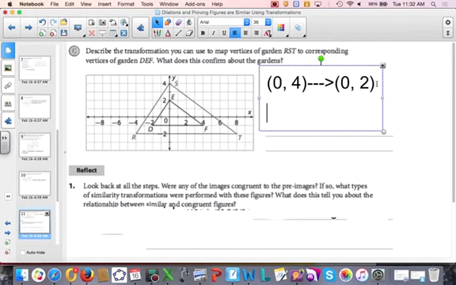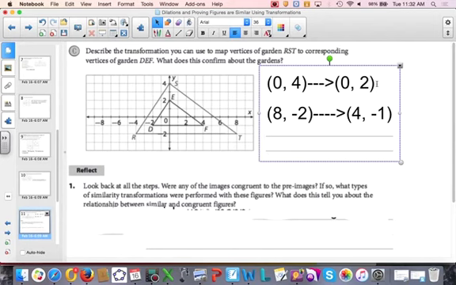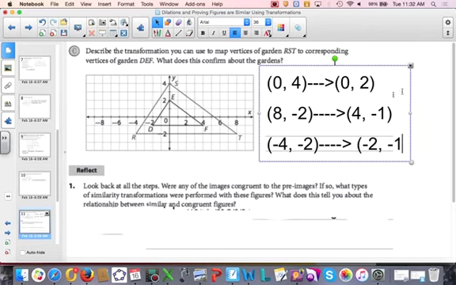T is located at (8, -2), and it mapped onto (4, -1). R is at (-4, -2), and it mapped to (-2, -1).